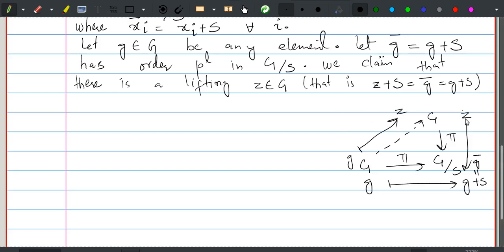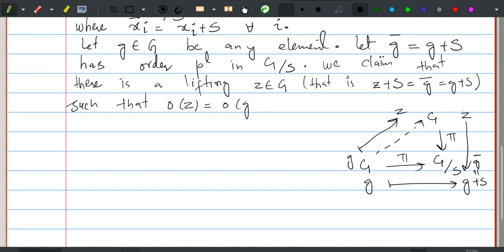Now what is special about this Z? It is that the order of Z is equal to the order of G bar.